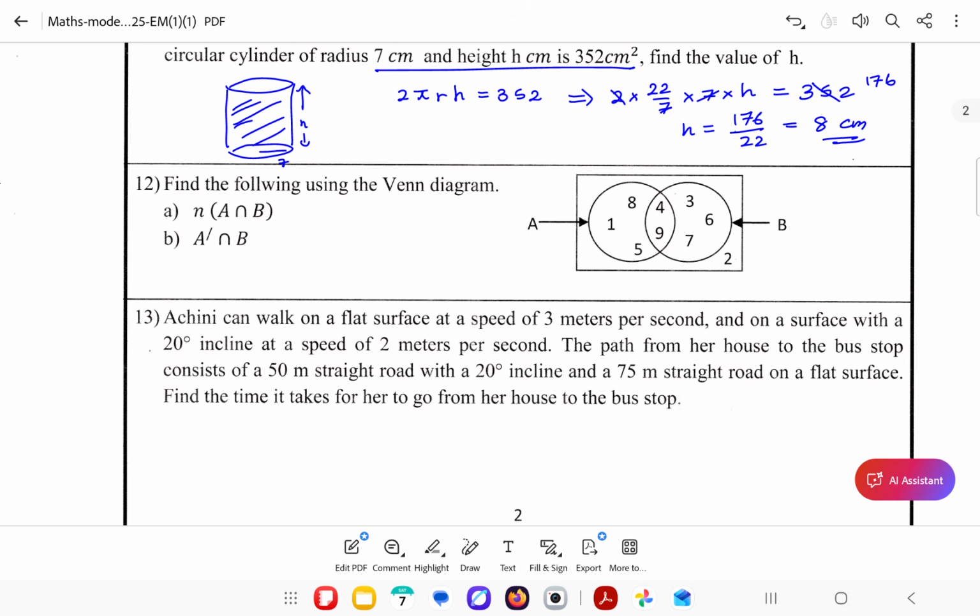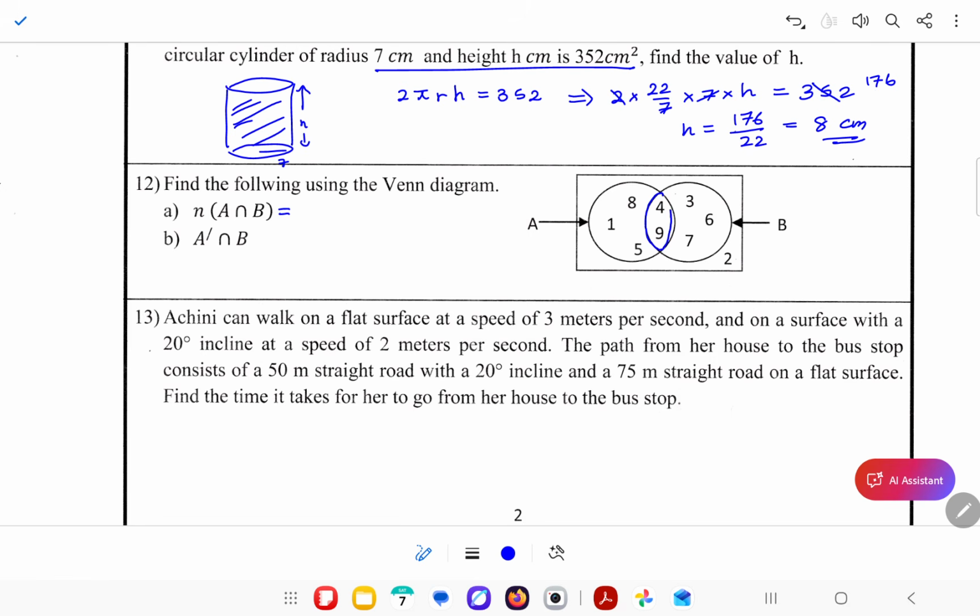Next question. Find the following using the Venn diagram. Number of elements in A intersection B. So this is A intersection B. There are two elements, so 2. Then this one we have to write the elements in A complement intersection B. So A complement is what? Everything not in A, 3, 6, 7 and 2.